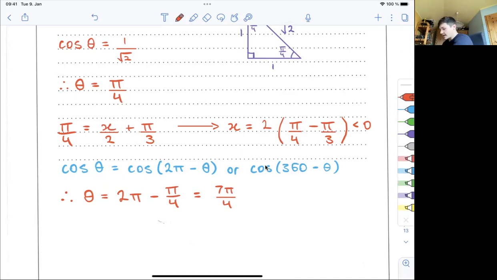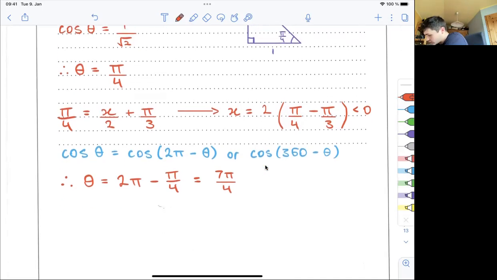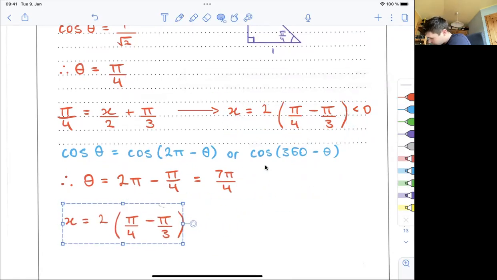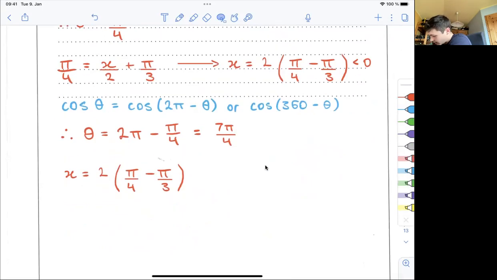Cool. Now let's try and use 7 pi over 4 for our theta. We'll take this expression that we had for x and substitute in 7 pi over 4 instead of pi over 4. Now we're going to have to do a bit of working.